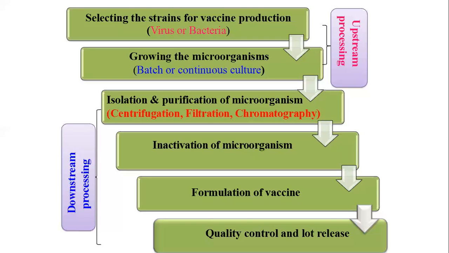After purification, we go for formulation. There we add adjuvant, stabilizer, and preservative. After formulating the vaccine, we check the immunogenicity of the prepared vaccine. If it is found okay, then we go for bottling, labeling, and lot release. This process is known as quality control and lot release. So this is a brief flow of vaccine preparation.